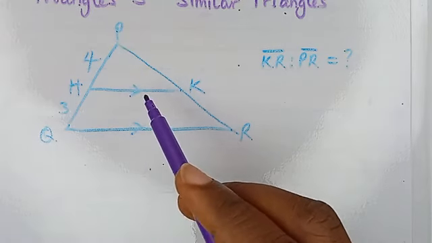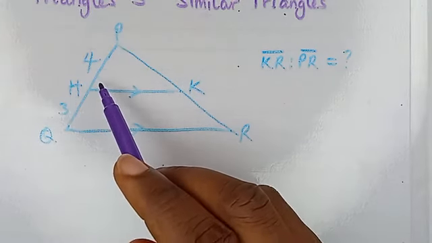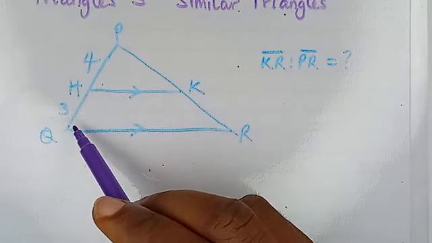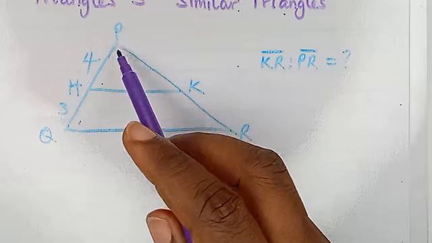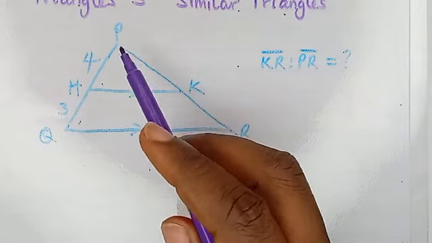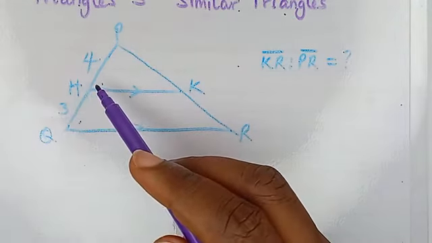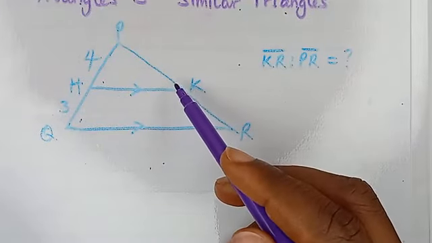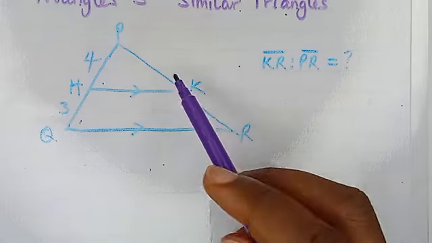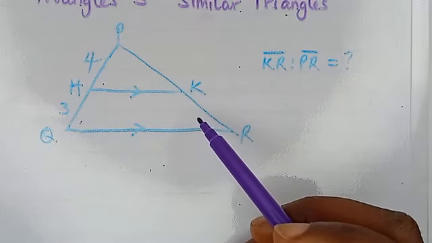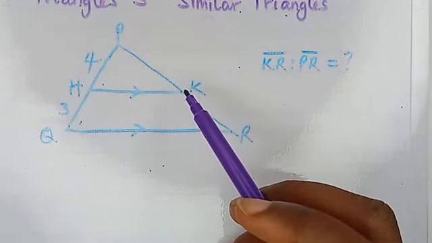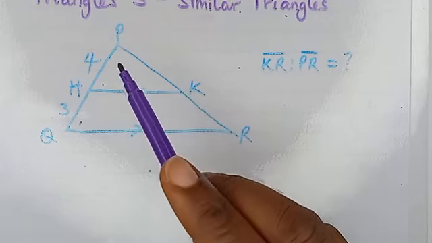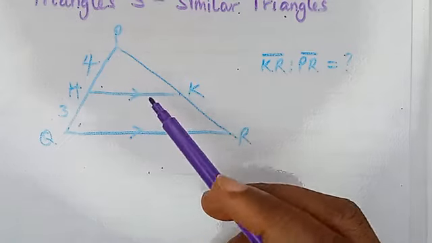And then because of these parallel lines, this angle here is equal to this angle here. If we look at it, this is a transversal of the parallel lines, so they are corresponding angles. And for this side too, they are also corresponding angles because this is another transversal. So when we name them PQR, we also name PHK.